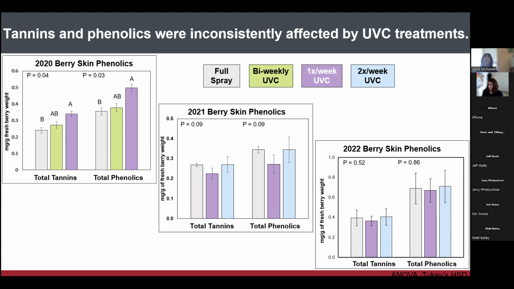We were digging into a tighter chemical analysis and identifying the compounds in those berry skins to see what happened in 2020 and if there are different compounds being expressed in those skins. But with this data, we're fairly certain that environment is playing more of a factor in those than actual UVC light.